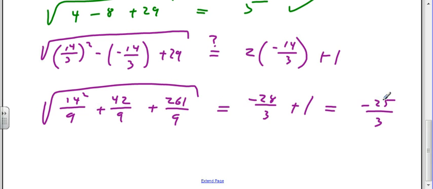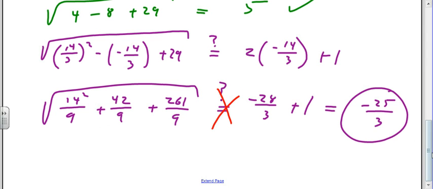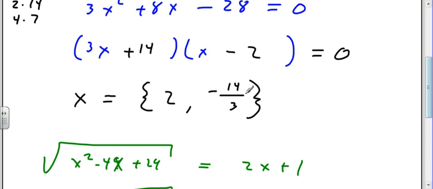Now I don't have to go any further, because it can't be equal. I got a minus sign on this side, and there's no minus sign on the other side, so my solution isn't there, and I can get rid of it. I suspected that would be the case, and that was the case.